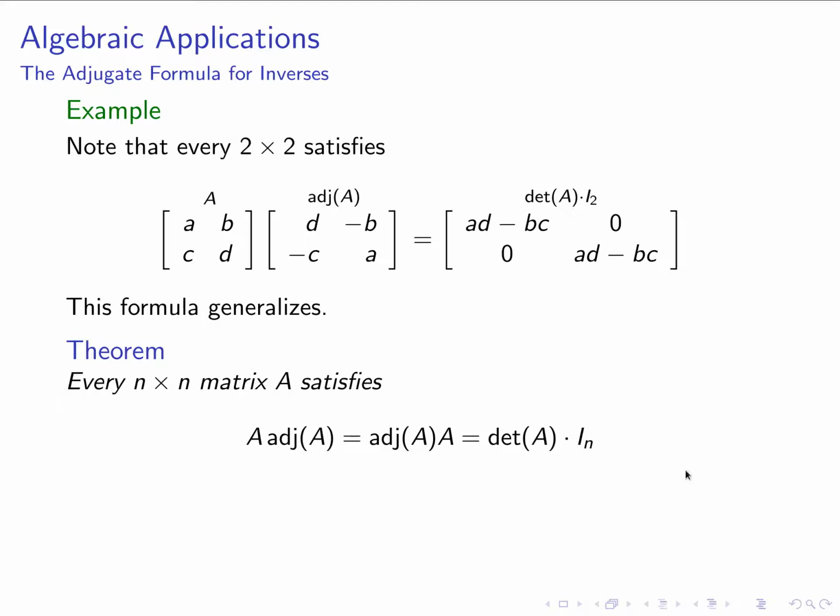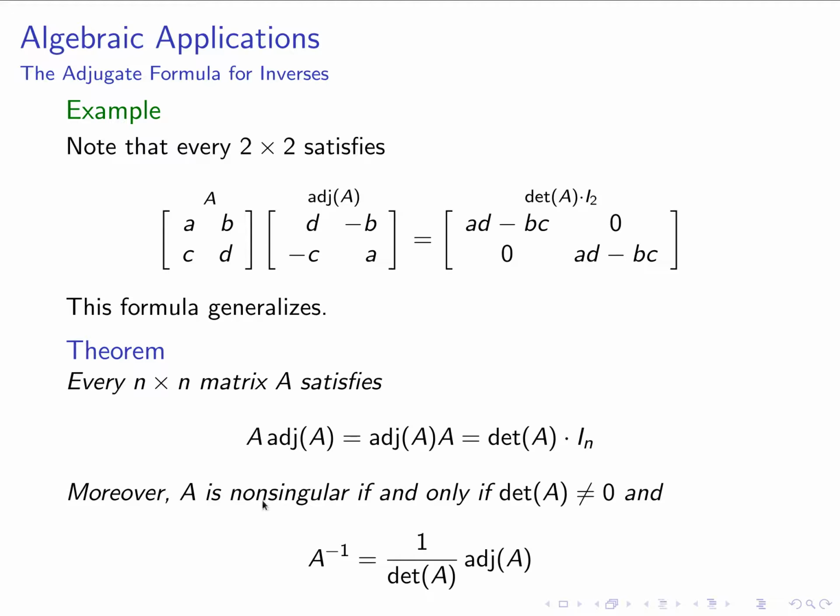Looking at our formula, we can isolate the identity matrix on the right-hand side by dividing everything through by the determinant of A. We then end up with A multiplied by adjugate divided by determinant being the same thing as adjugate divided by determinant times A, which equals the identity matrix. This suggests that we can use adjugates to define a formula for the inverse of any matrix.